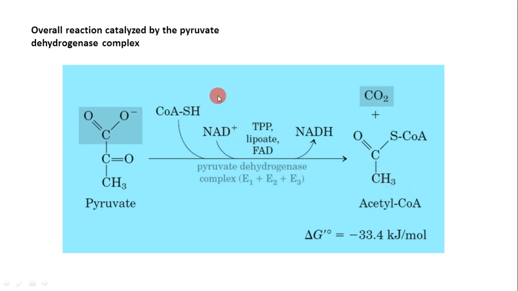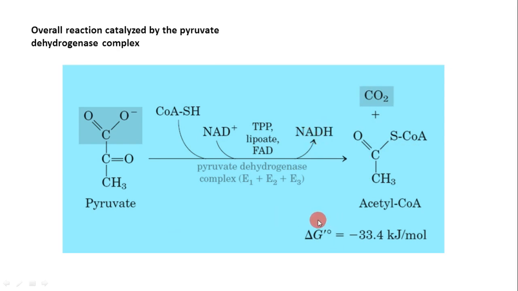First the acetyl part is formed, then the acetyl part from thiamine pyrophosphate is transferred to lipoate. From the lipoate it is then transferred to coenzyme A, and thereby acetyl coenzyme A is formed. Carbon dioxide is released, and also one NADH is released.